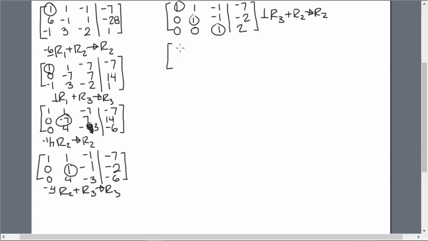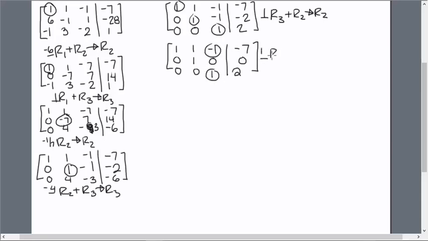So this matrix is going to become 1, 1, -1, -7, 0, 1, 0, 0, and 0, 0, 1, 2. So almost there. 1's on the diagonal, 0's underneath it, and I'm starting to get zeros. I want to use him to knock out the top row.